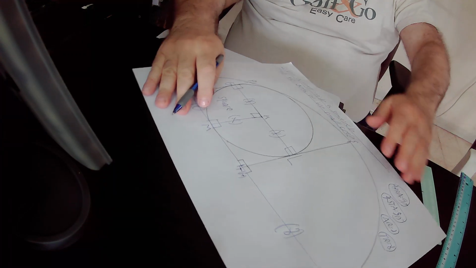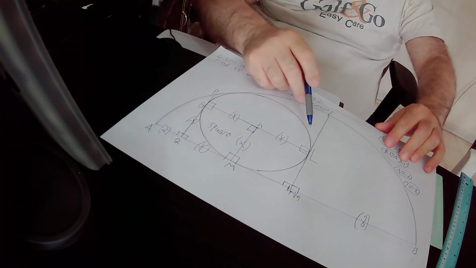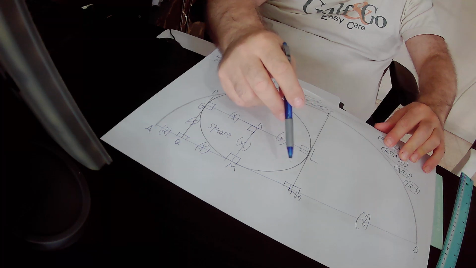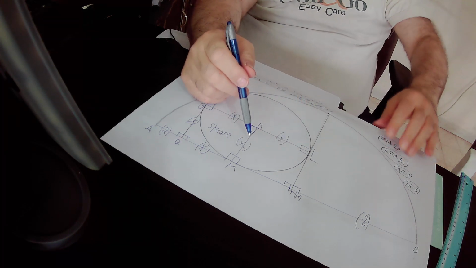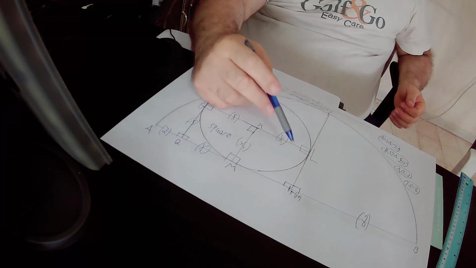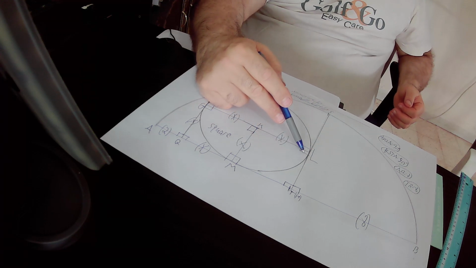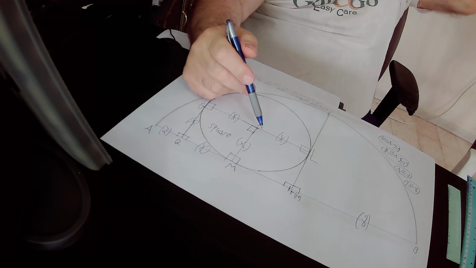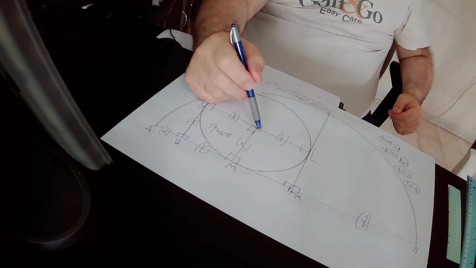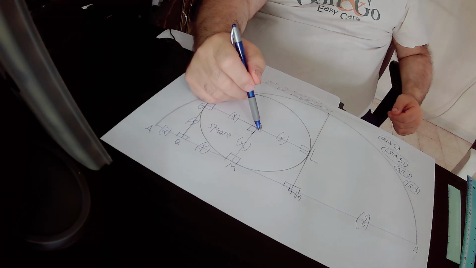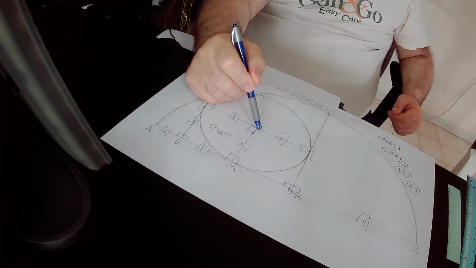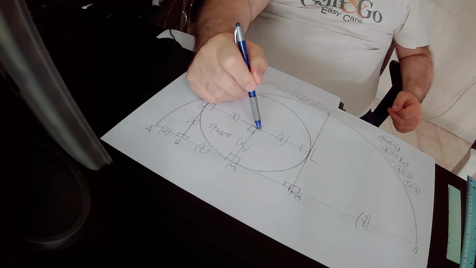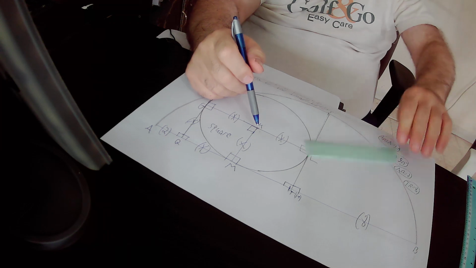So inside quadrilateral KLTM, we have 1, 2, 3 right angles. The sum of 3 right angles is 270 degrees, so 270 degrees plus the size of this fourth missing angle must equal 360 degrees according to the rule that the sum of the angles in any quadrilateral is 360 degrees. Therefore, this fourth missing angle must be equal to 90 degrees.